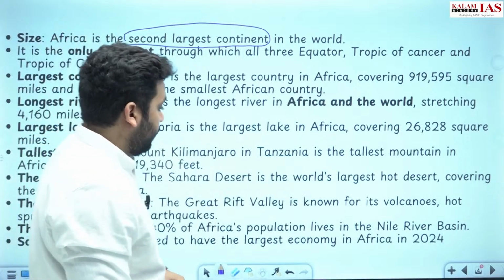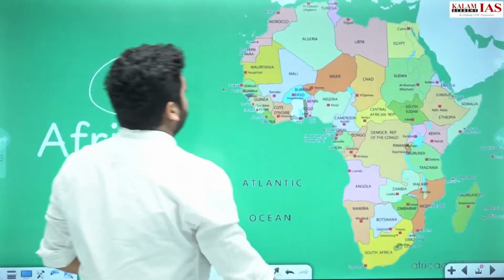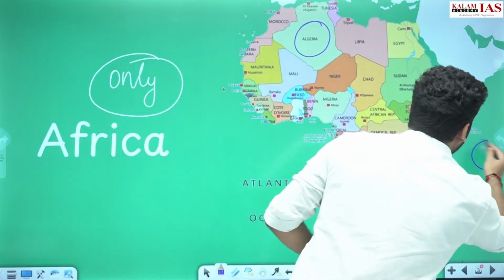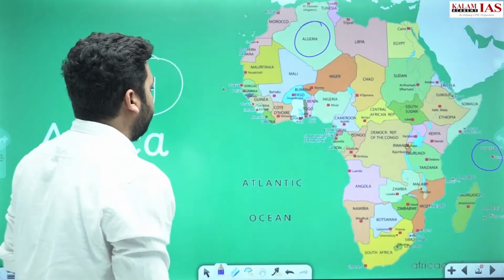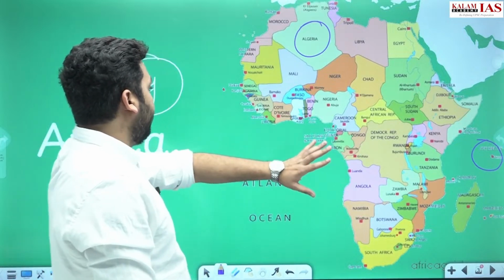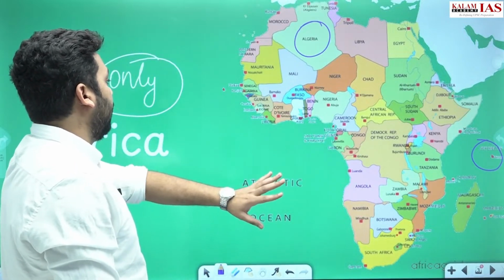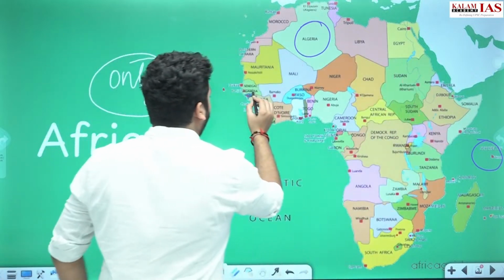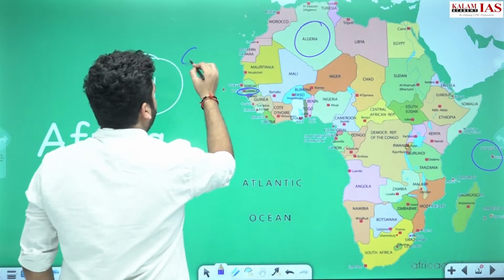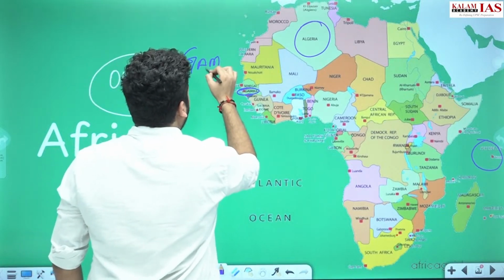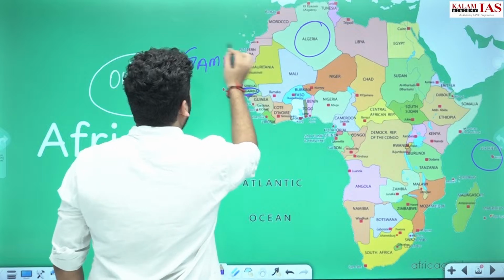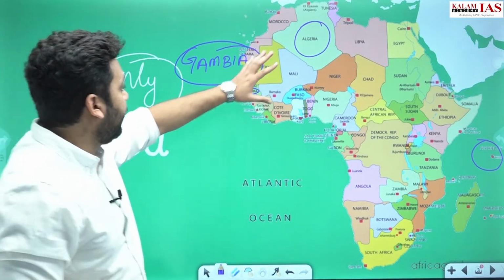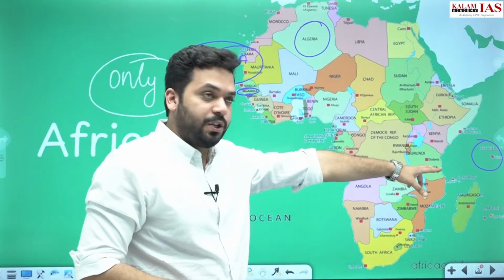Seychelles is an island country which is the smallest country of Africa. On the continent, Gambia is the smallest country on the mainland. Overall, largest country is Algeria, smallest is Seychelles.